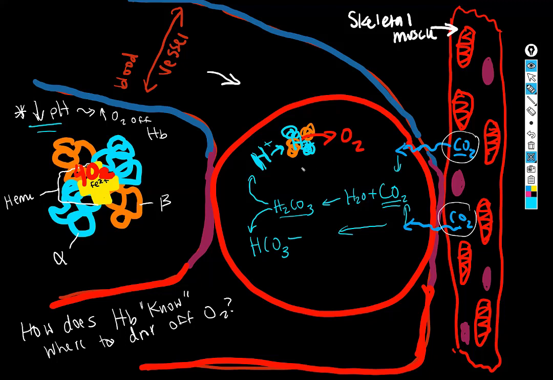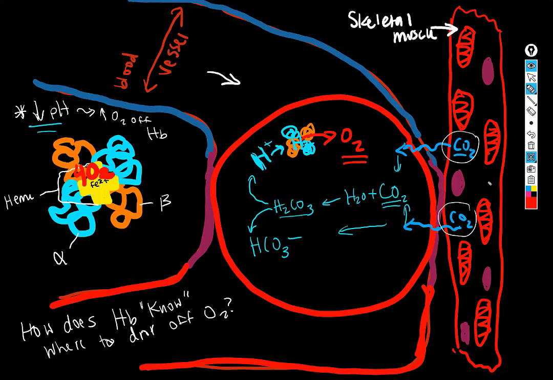And whatever oxygen has been hanging on to hemoglobin all the way here has now been booted off of its spot. So it's no longer bound to hemoglobin. It is now free to diffuse from an area of high concentration, because lots and lots of oxygen molecules are getting kicked off of hemoglobin in this particular cell at this particular spot. And it's going to diffuse down its concentration gradient as well.